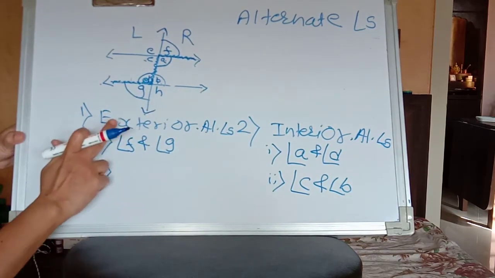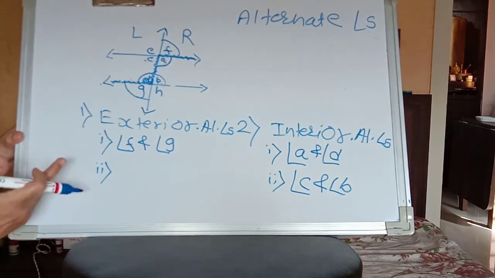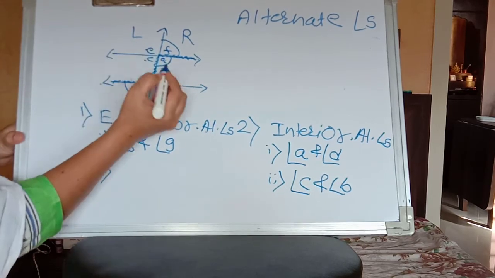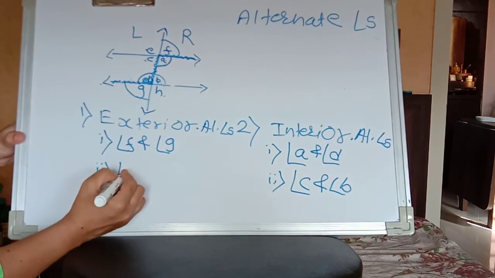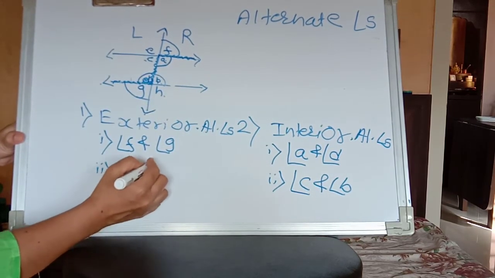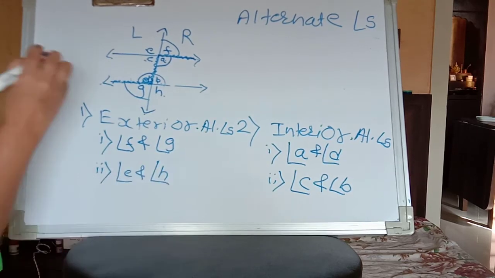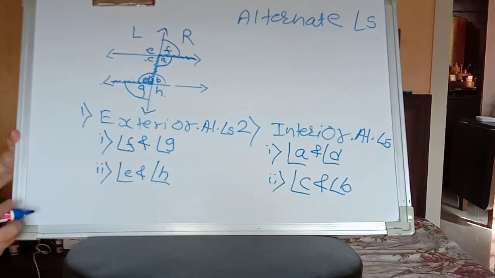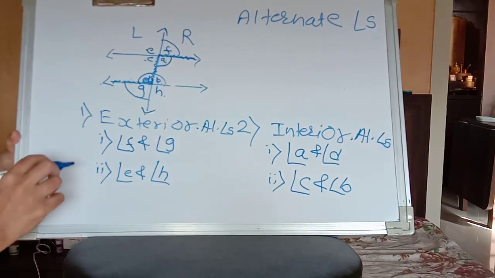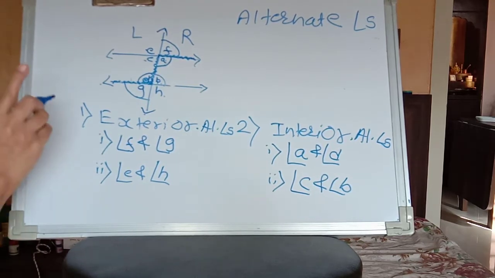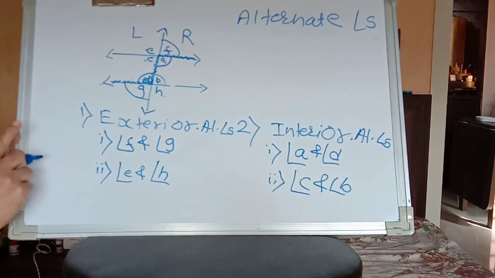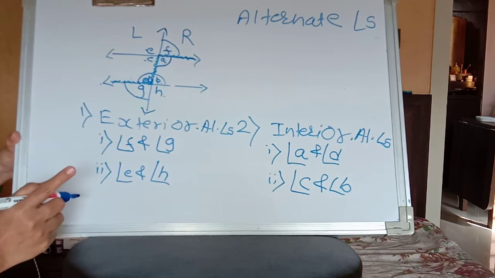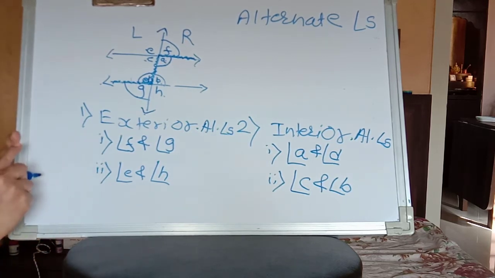Can you tell one more pair of exterior alternate angles? Of course, you have angle E and angle H. So these are the different types of angles which I have asked in worksheet 1. Please refer to this video and then try to solve the worksheet. If you are not getting the concept, watch this video again and again.